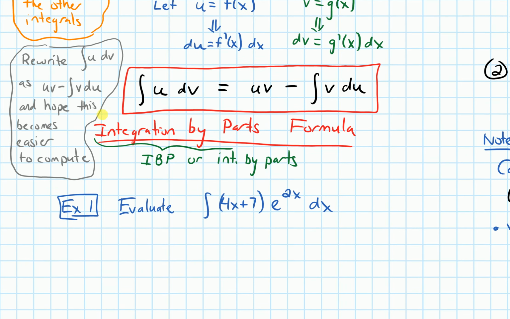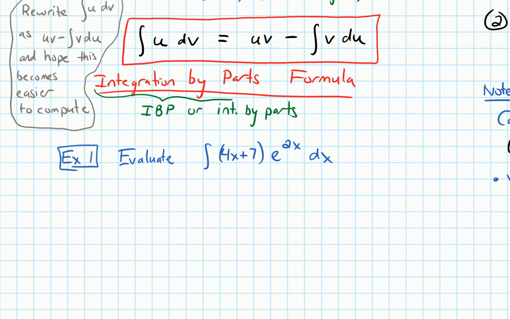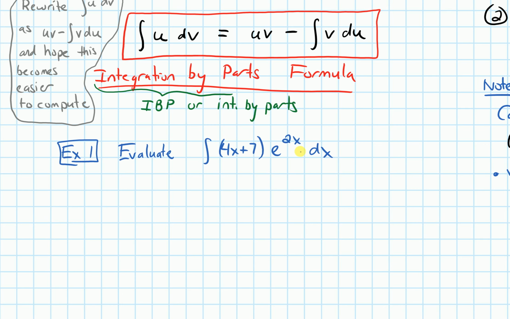So let's evaluate the integral of 4x plus 7 times e to the 2x dx. Okay, so we are going to use integration by parts.